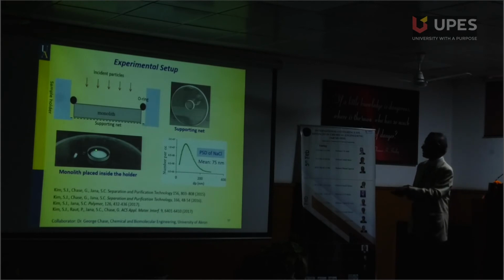So this is the test aerogel with 90+% porosity, and this is where we keep it. Then there is an O-ring, and our incident particles are airborne sodium chloride. We did not want to do this work with viruses. We are doing that separately, but the dynamics is the same. This is a particle size distribution of sodium chloride.